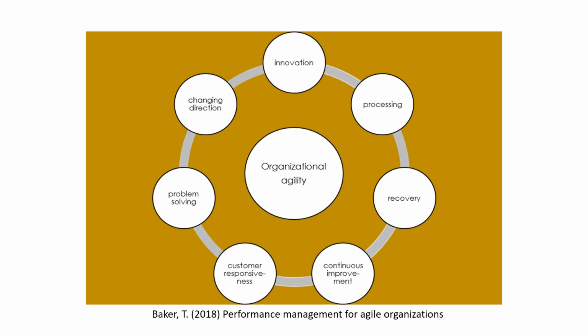Continuous improvement, as distinct from innovation, is about how we can continually upgrade and develop our systems and processes and the way we do things. That's part of agility. Customer responsiveness is everything that you say, think, and do should be aligned with your end user, whoever they are.